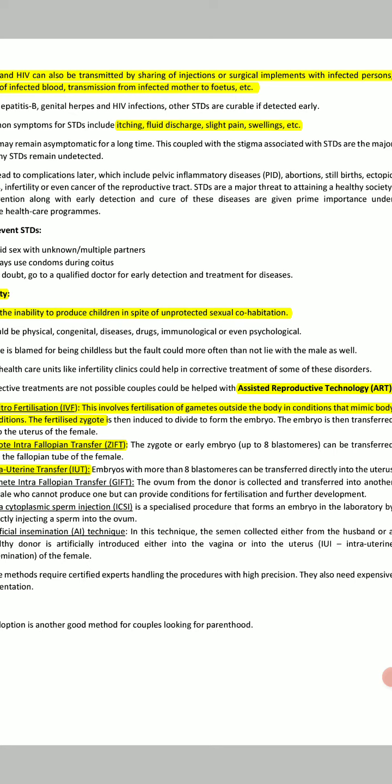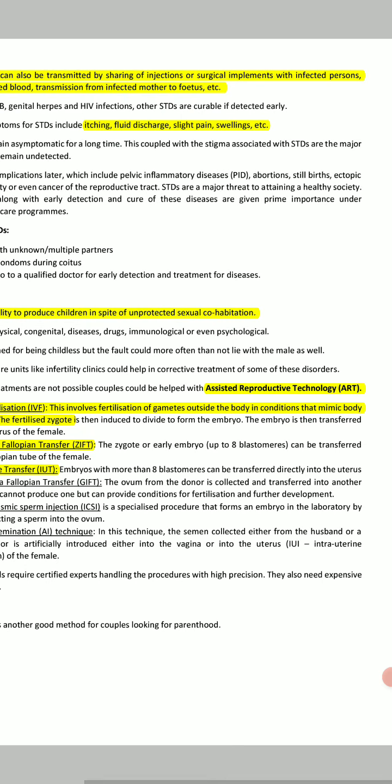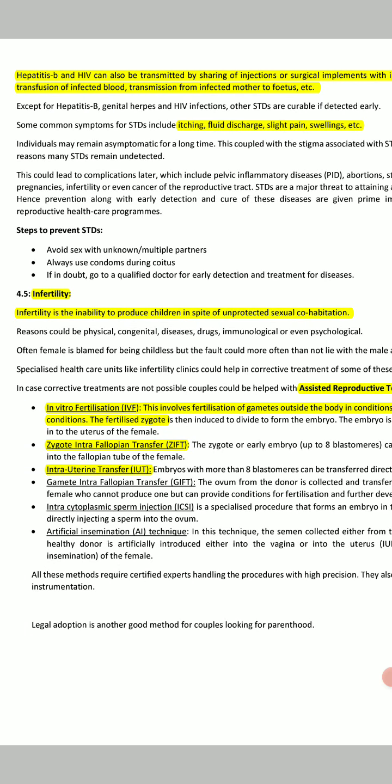So in this procedure, the embryos with more than 8 blastomeres can be transferred directly into the uterus. That's why the name is intrauterine transfer. The one before is the zygote intrafallopian transfer, where the zygote or early embryo is transferred to the fallopian tube, and here it means the mature embryo is transferred directly to the uterus.